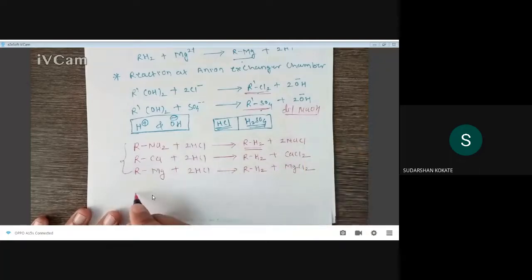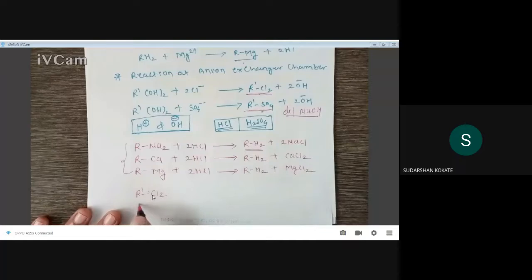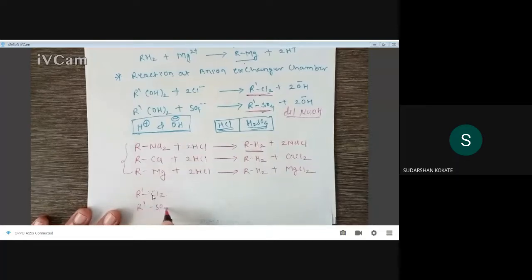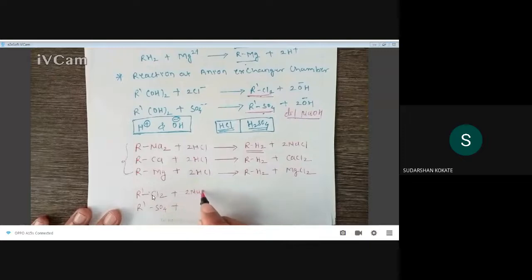Now the regeneration reaction at the anion exchanger chamber will be like this: R-Cl2, R-SO4 plus twice NaOH.